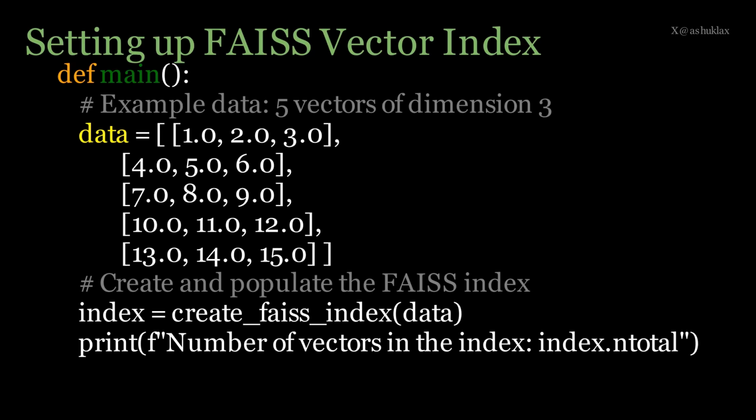Now at the end, we write the line if __name__ == "__main__". This line checks if the script is being run directly as opposed to being imported as a module in another script. In Python, there is a special variable called double underscore name, which is set to "__main__" when the script is executed directly. If the script is imported, __name__ is set to the script's name.